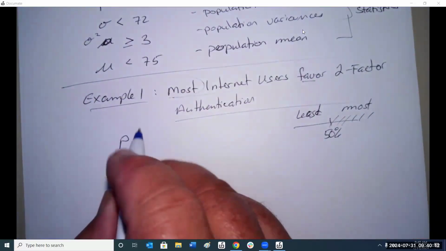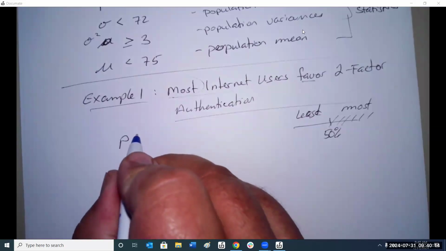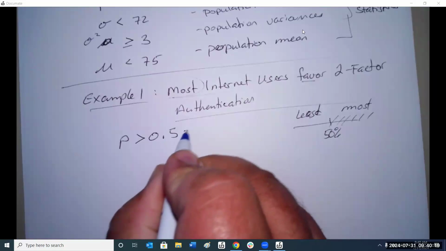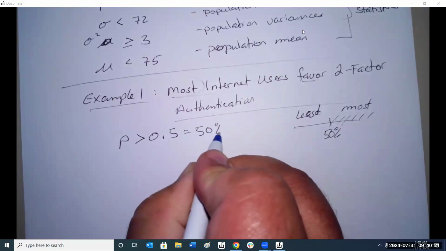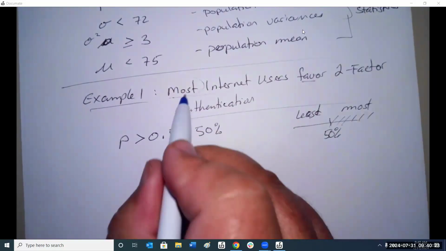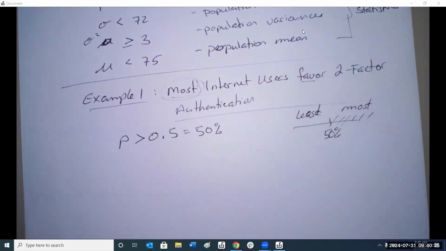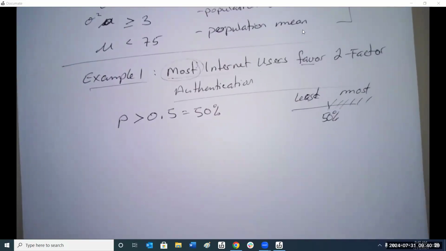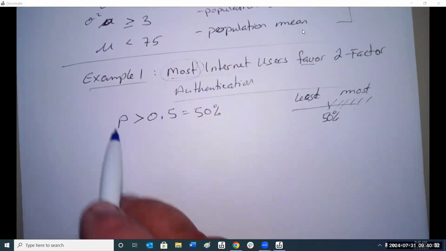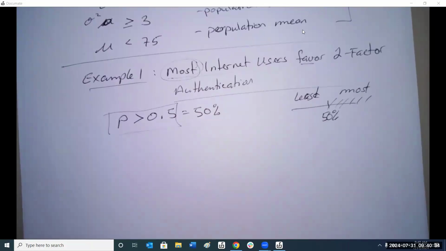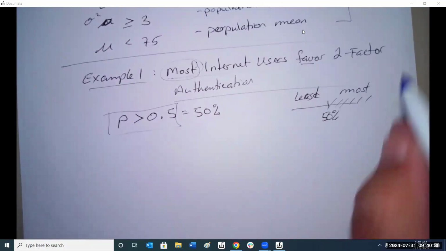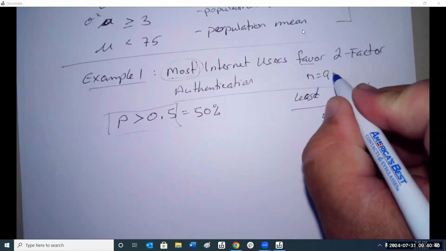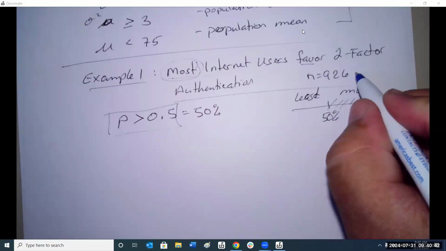So for our example, we're looking at our proportion, anything bigger than 50%. That would constitute the most. Simple majority. So that would be our statement. The proportion is bigger than half. In this example, our N was 926 users.